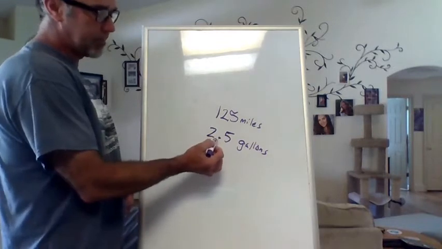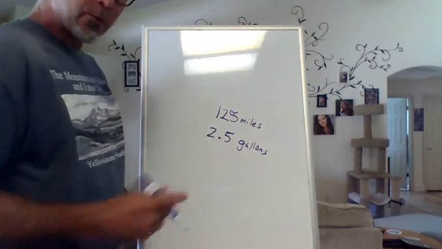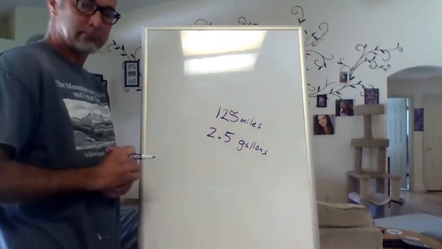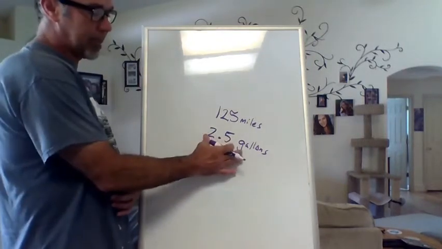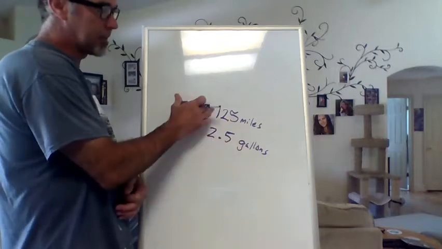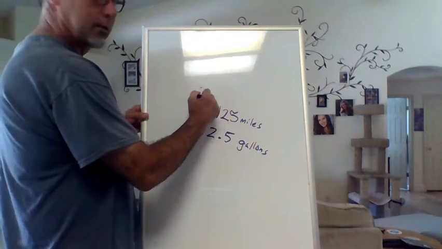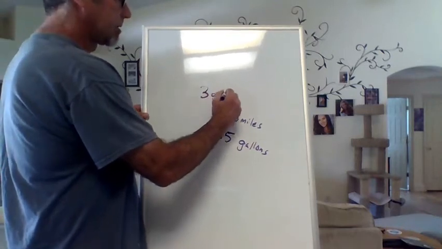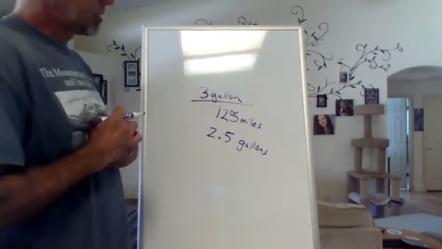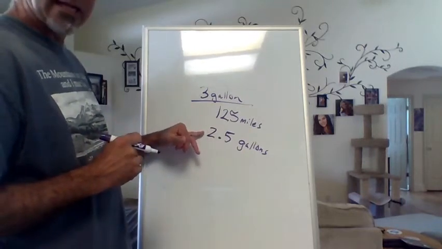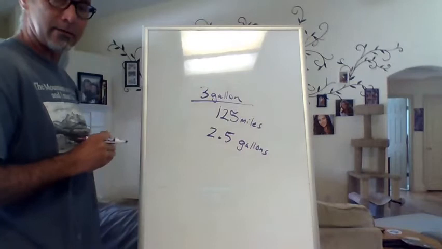How much fuel was left in the tank after riding that far? In other words, before he got to the gas station and filled up, how much fuel was left in the tank? Think about that for a minute. How big is the tank? 3-gallon tank. Okay. He went that far. He put that much gas in to top it back off.